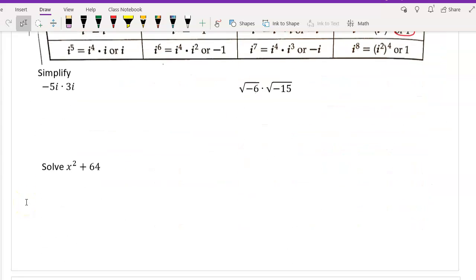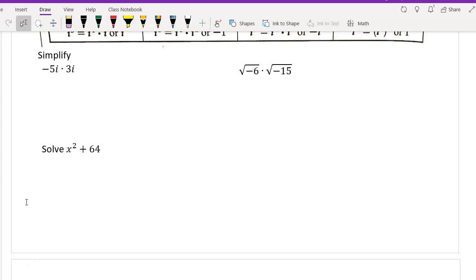All right, so now we're going to simplify a little further. So it says negative 5i times 3i. Well, this is just commutative. We're going to multiply our real values and multiply our i values. So negative 5 times 3 is negative 15. i times i is i squared.